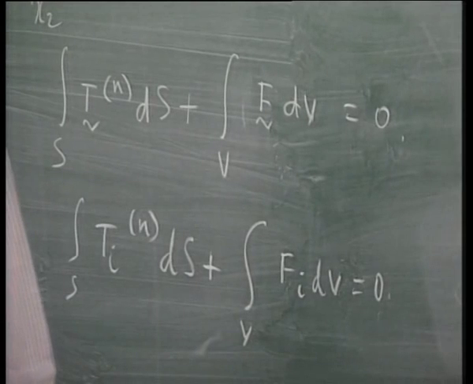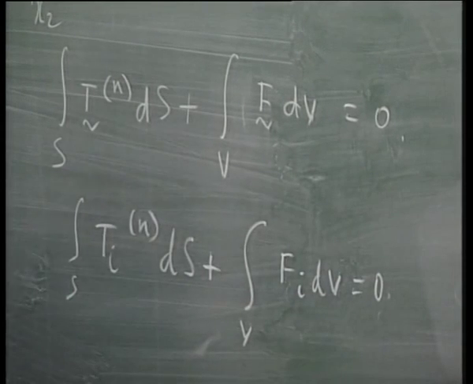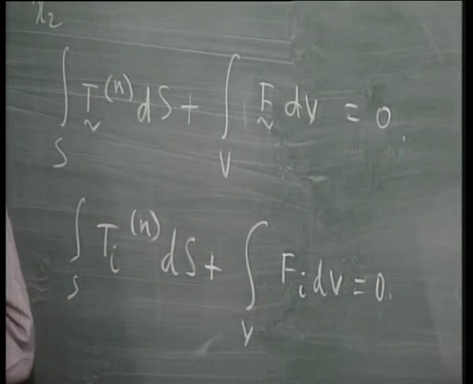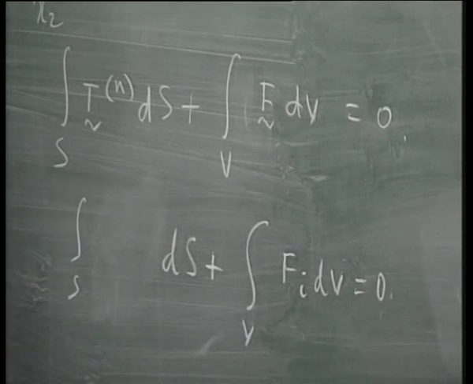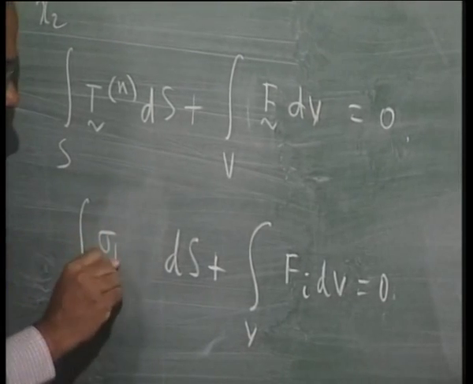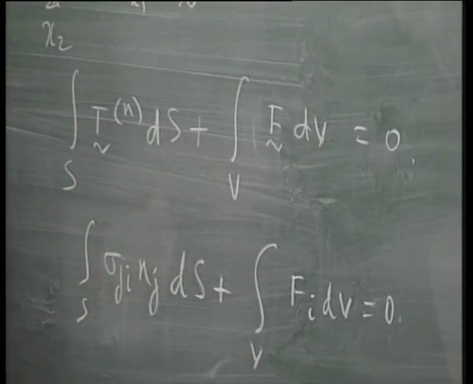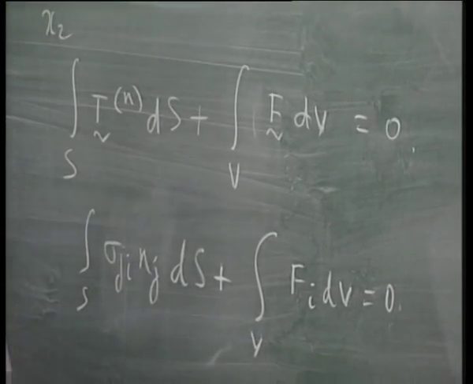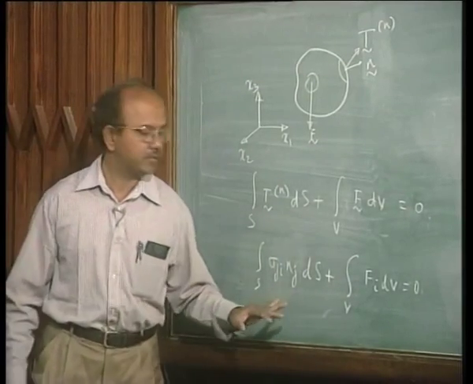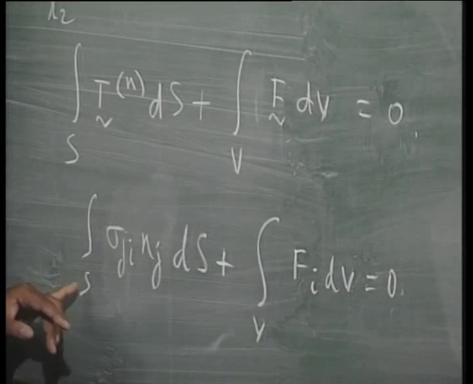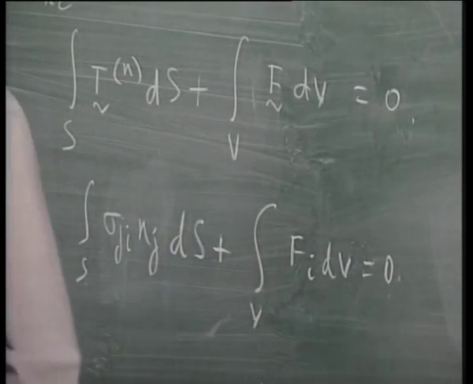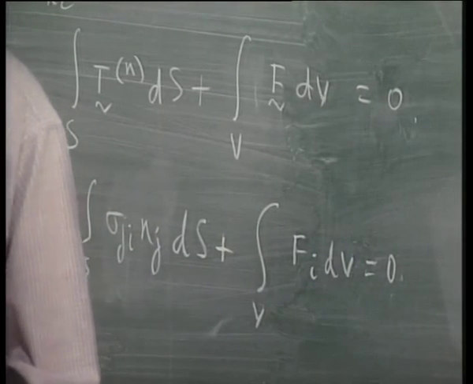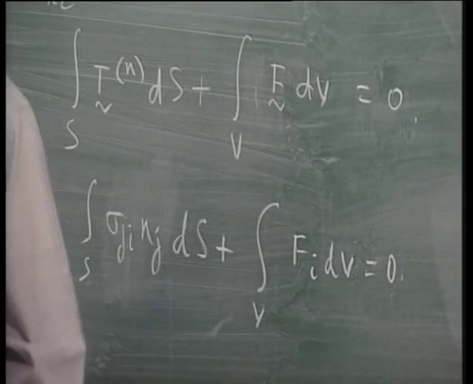We also said that we can replace the traction T in terms of sigma, so that this term can be written as sigma ji nj. That's where we stopped in the last class, we just summarized it. The next thing we said is that we want to replace the surface integral by means of a volume integral, and we want to use the divergence theorem. That's where we had stopped.